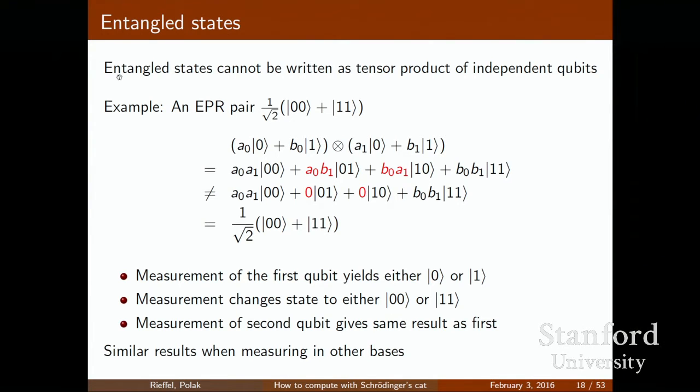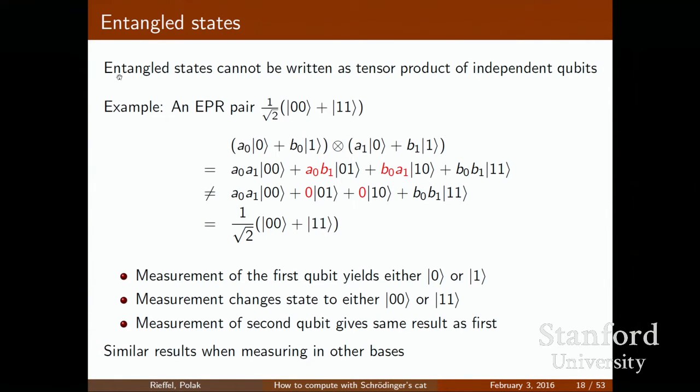Now, if we measure the second qubit, we're guaranteed to get the same result as the first measurement. So these two measurements are guaranteed to be correlated. And that bothered Einstein because in theory, these qubits could be particles, photons, and they could be at the opposite end of the universe and still be entangled, and you'd get a correlated measurement.